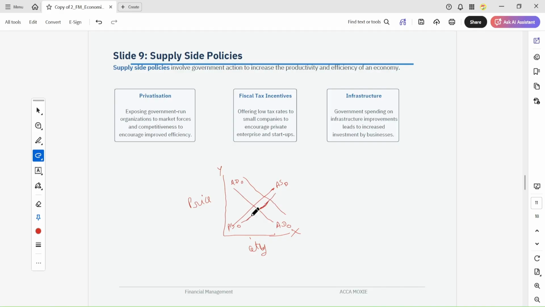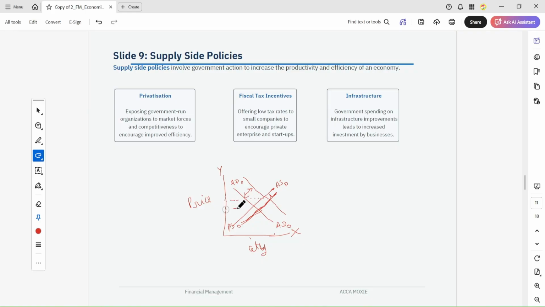So now you know that supply only increased this much, but the demand increased this much. So if supply only increased very little, less than the demand, you know that the price will increase.